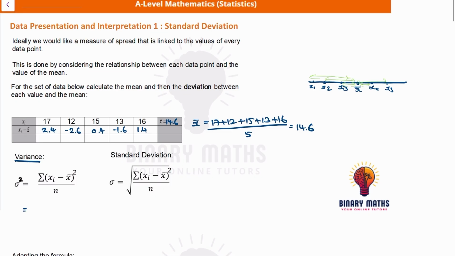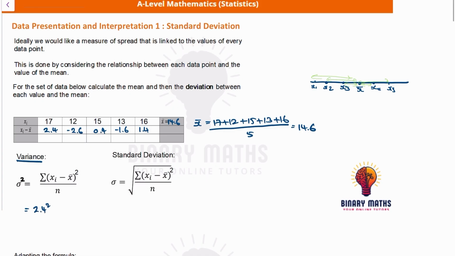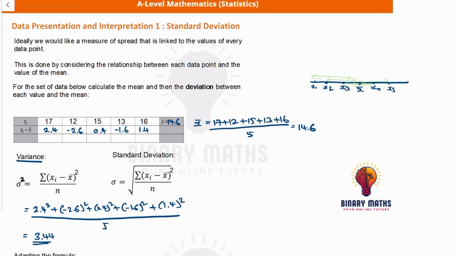So we have to do 2.4 squared plus minus 2.6 squared plus 0.4 squared plus negative 1.6 squared plus 1.4 squared, divided by the number of data, which is equal to 5. When we work this out, we get 3.44. So that would be the variance.